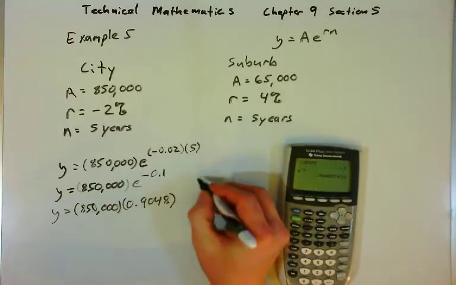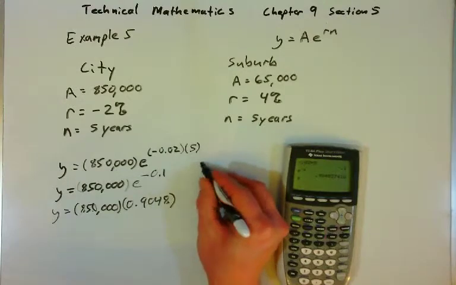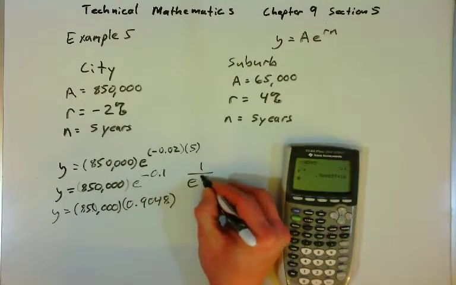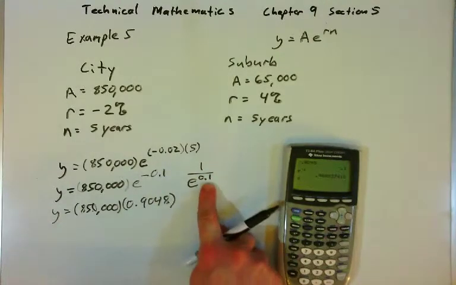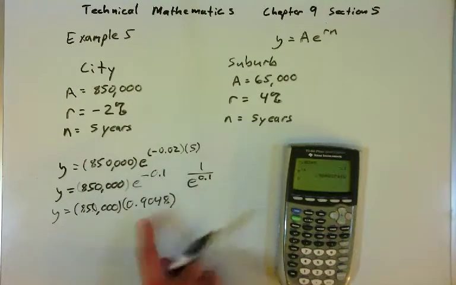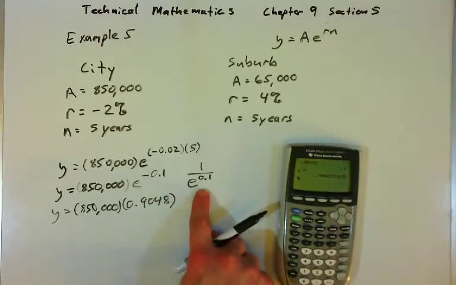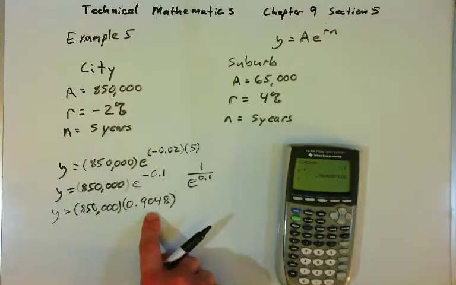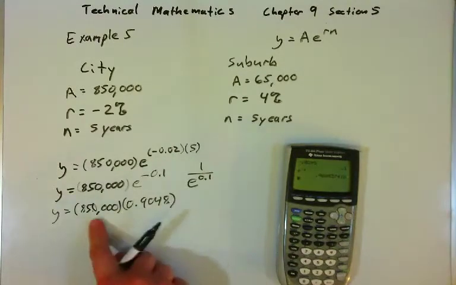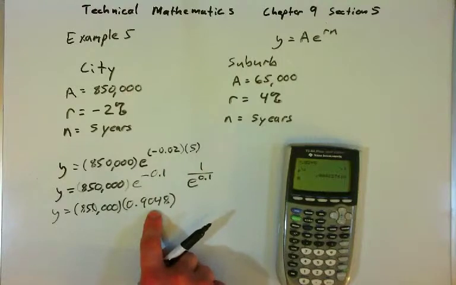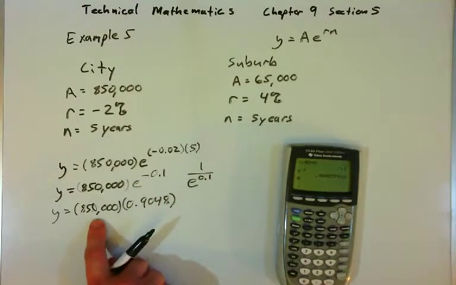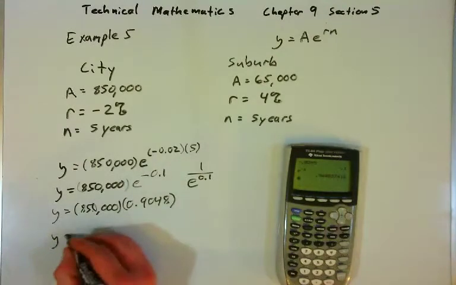And so remember that when the exponent is negative, that is the same thing as 1 divided by e to the positive 0.1 power. And so that means that we're getting a number less than 1. Because it's a fraction, the denominator is going to be larger than 1. And so this will work out to a number that's less than 1. And that, again, is the indication that the population is declining. And so what this formula is saying is that the population will only be about 90.48% of what it currently is after 5 years.